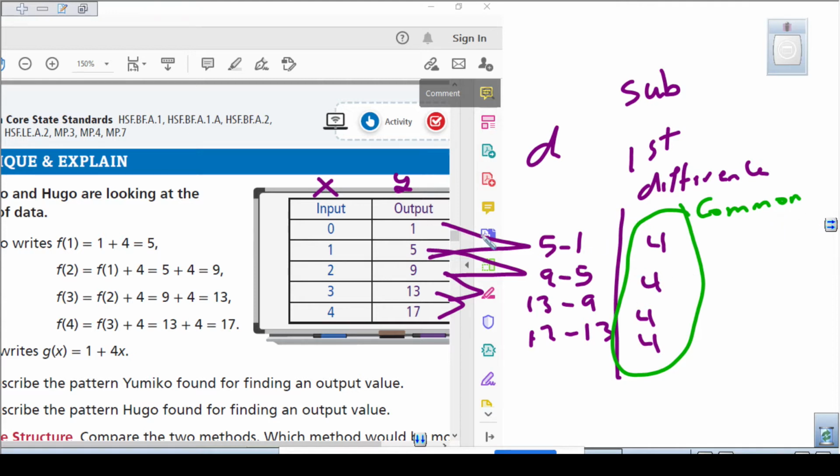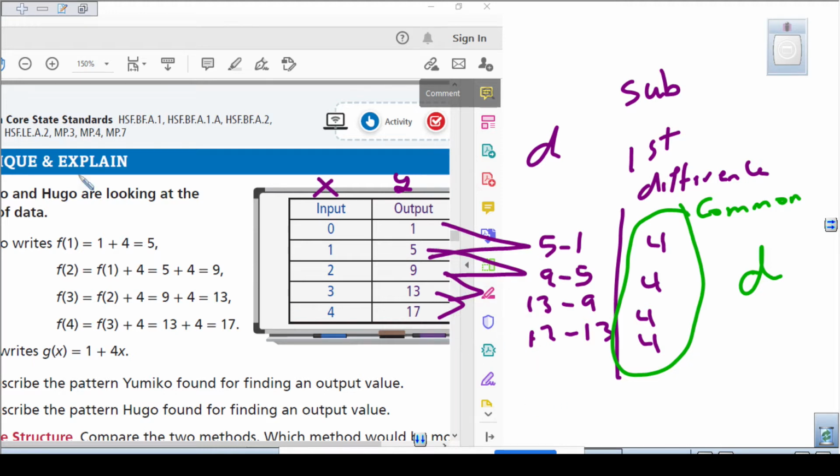When you subtract these numbers, you'll end up with a common difference, which we gave a label of D. Keep that in mind. That's how we get the common difference. You just subtract item number 2 minus item number 1. You go basically backwards. Number 3 minus number 2, etc.